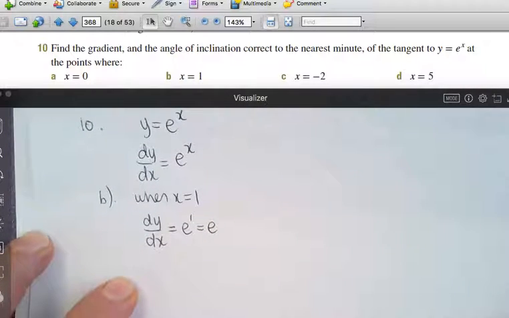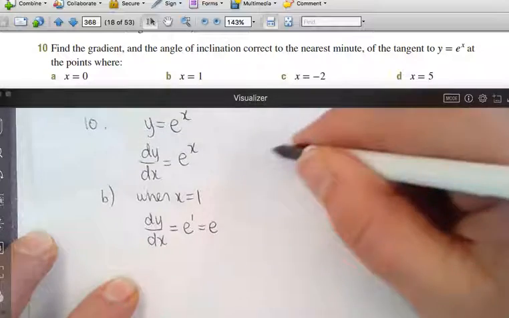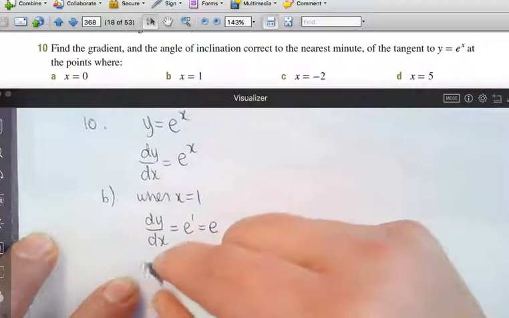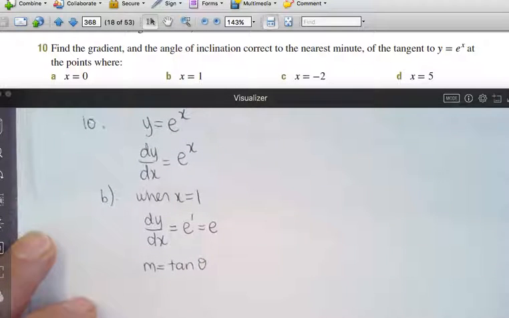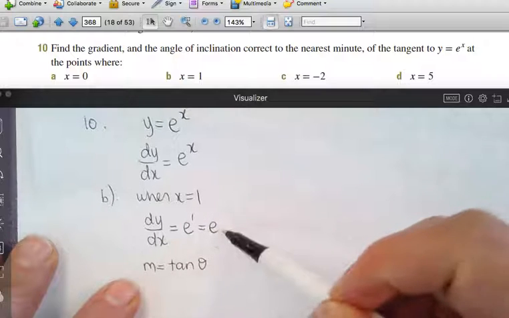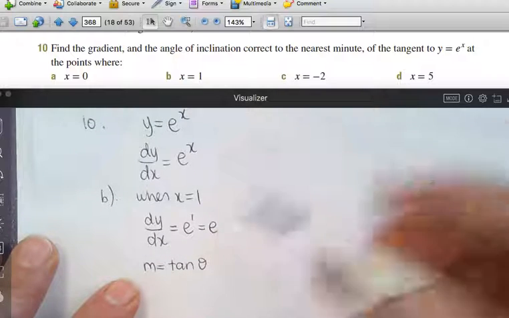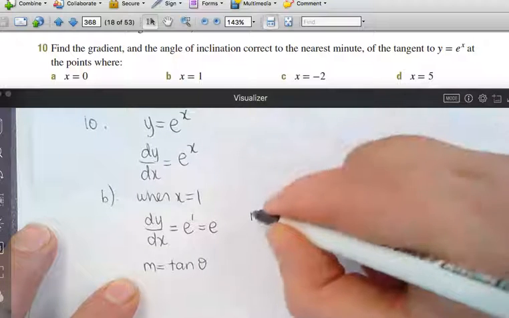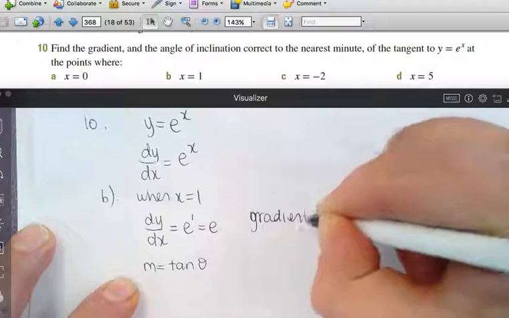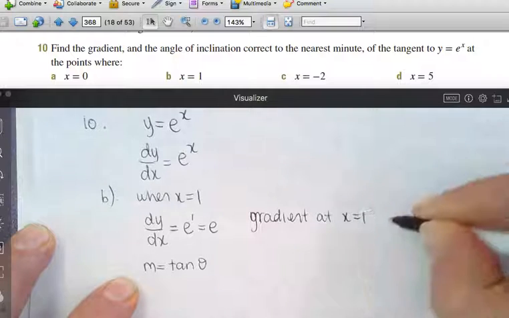Now, what are they going on about this angle of inclination business? m equals tan theta. There you go. So that's your gradient at x is 1. The gradient at x equals 1 is e.